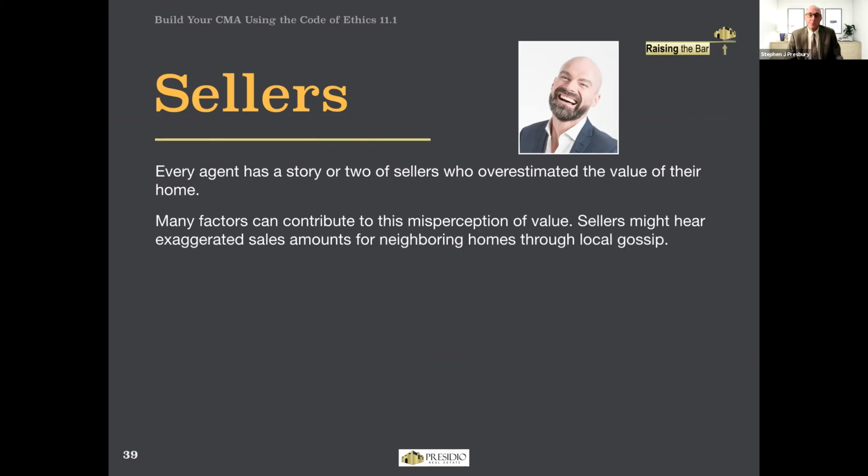Many factors can contribute to this misconception of value. Sellers might hear and exaggerate sales amounts from neighbouring homes through local gossip. That can often happen. Someone says, "Oh, I sold my house at this price." And we may start to see that in a year or two. We may see neighbours say, "Oh yeah, you could definitely get more than that.